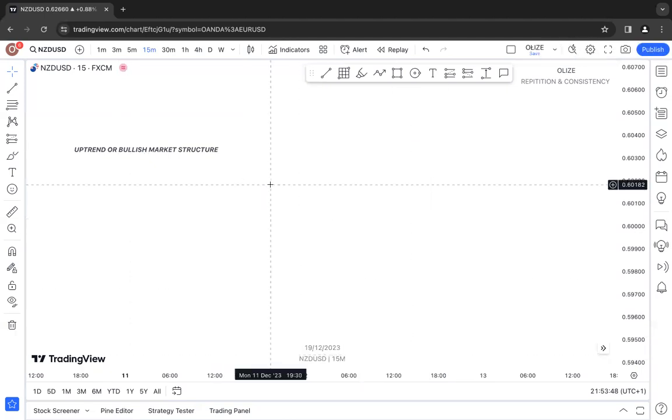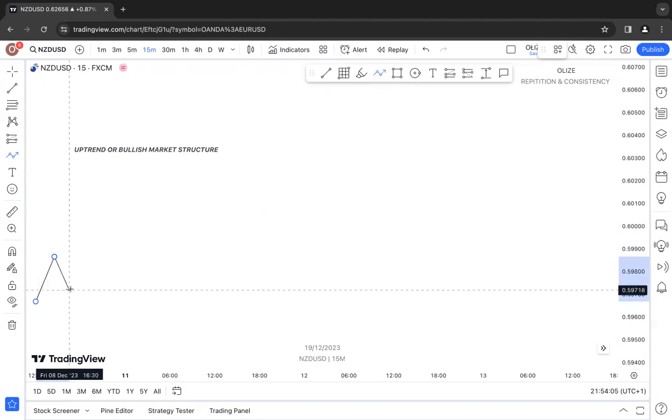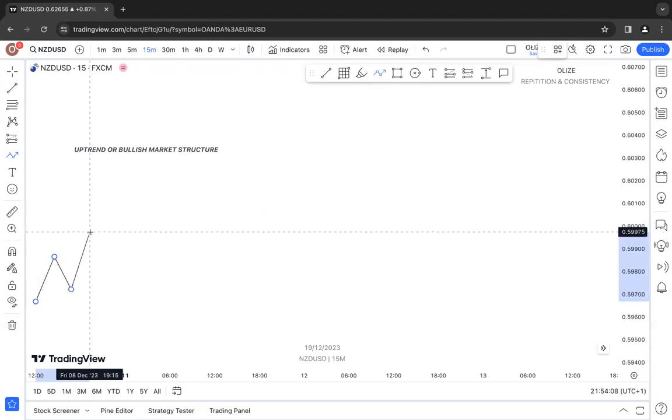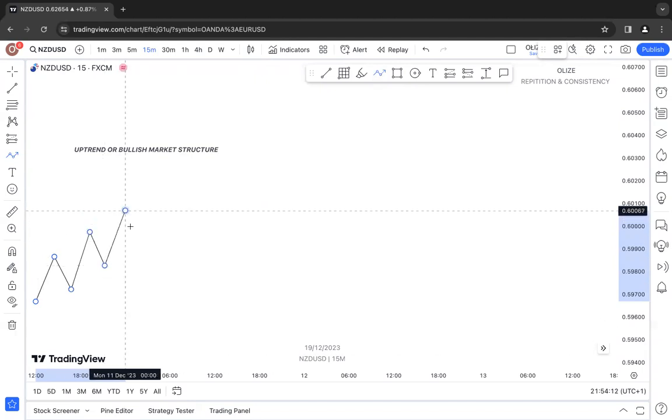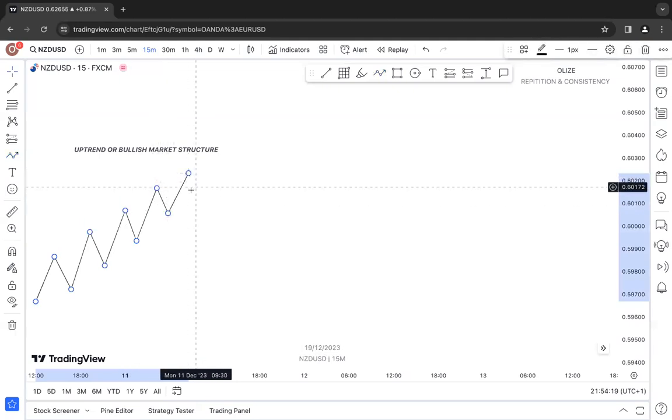In this type of market structure, price is creating a series of higher highs and higher lows to the upside. So when we have this, our higher low, this a higher high, our higher low, higher high, higher low, higher high, higher low, higher high, higher low, and higher high.